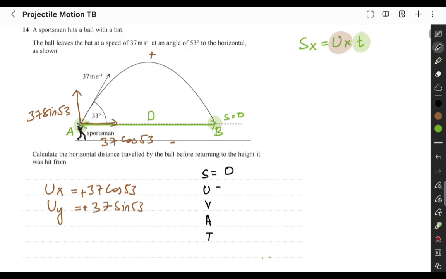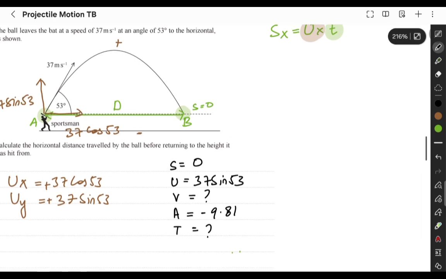So 0. Our initial velocity in the vertical direction is 37 sine 53. We don't know the final velocity, and our acceleration in the vertical direction is going to be minus 9.81, and time is question mark. So we can use the equation s equals ut plus half at squared.